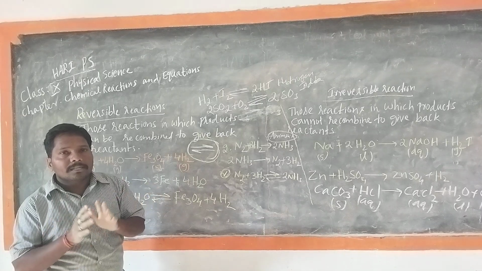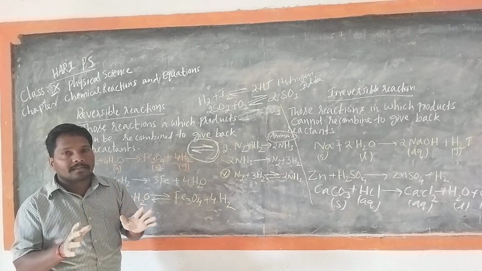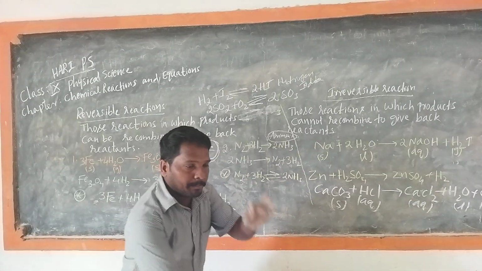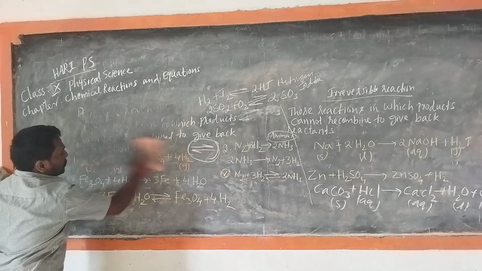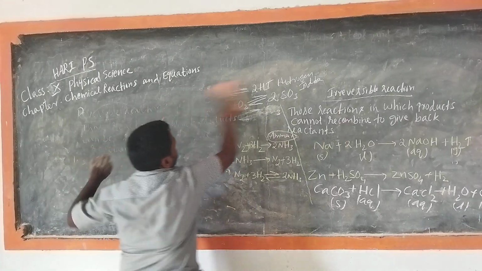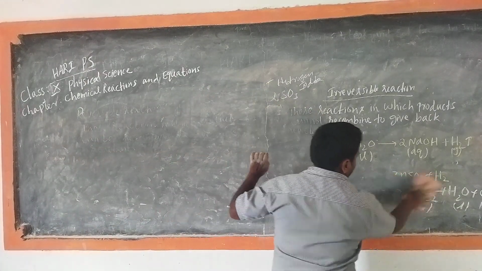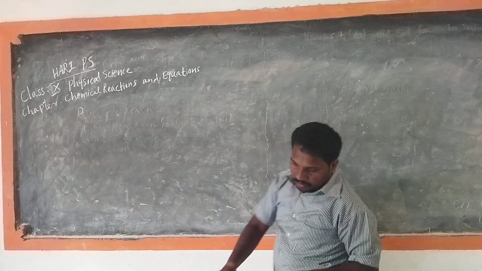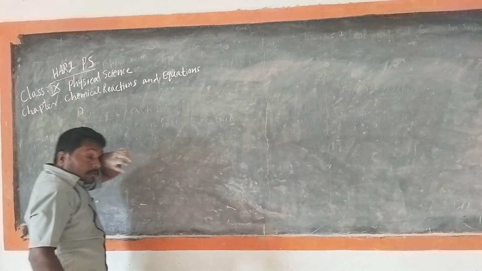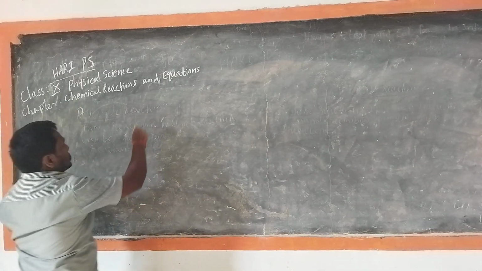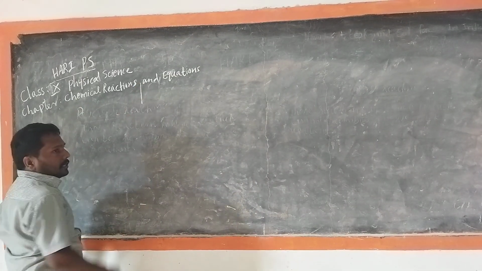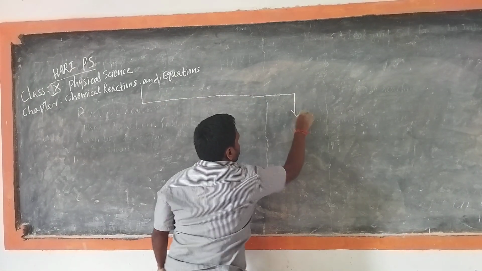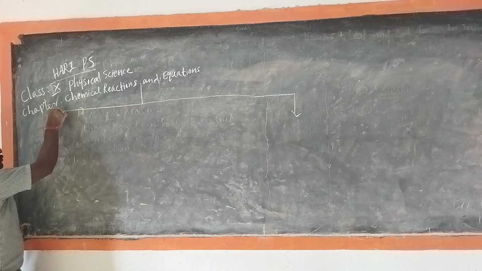So this is our chapter, chemical reactions and equations. Let us take a brief mind map of our chapter. What we have discussed: chemical reactions and equations. We divided it mainly into two parts.